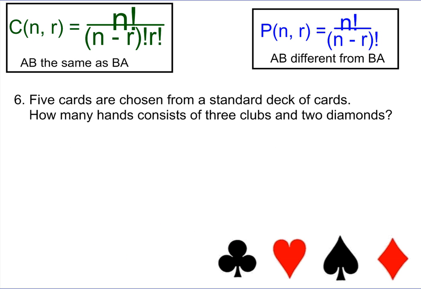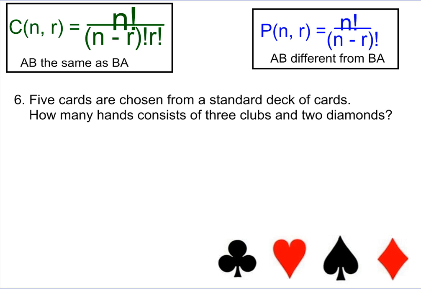So 5 cards are chosen from a standard deck of cards. How many hands consist of 3 clubs and 2 diamonds? I would say order's not going to matter here, so it's going to be a combination.